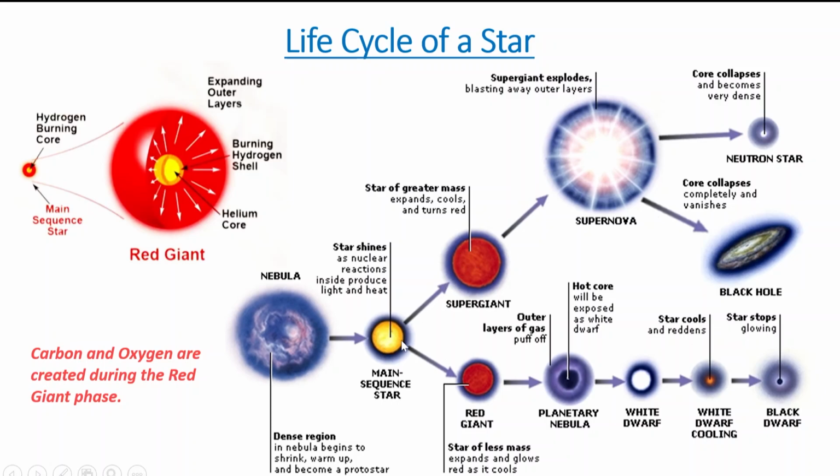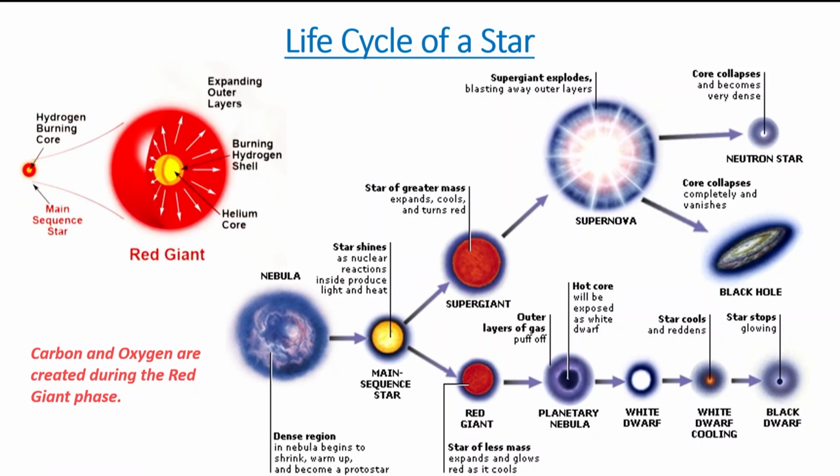Then the fate of a main sequence star can be divided into two parts. The first is the formation of supergiants, where the star of a greater mass expands, cools, and finally turns red. The fate of that supergiant will be an explosion, what we call a supernova, where the outer layers will be blasted away and only the core of that star will remain.